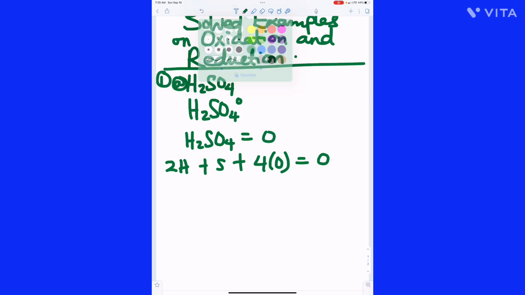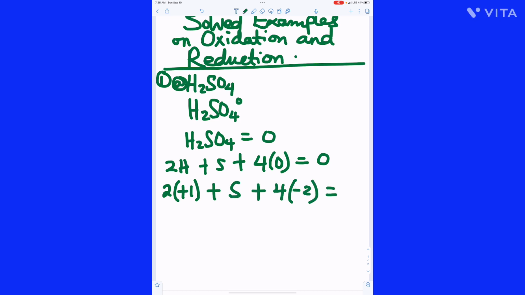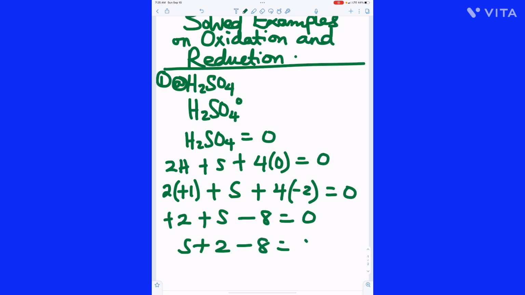You get 2 times +1, plus sulfur, plus 4 times -2 is 0. So +2 plus S minus 8 is 0, because 4 times -2 is -8. Let me rearrange. S plus 2 minus 8 is 0.